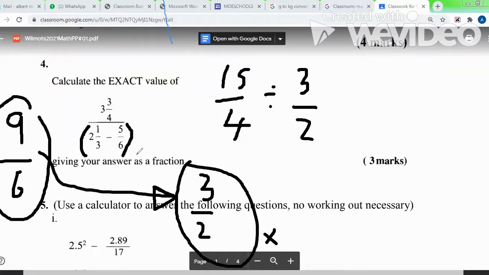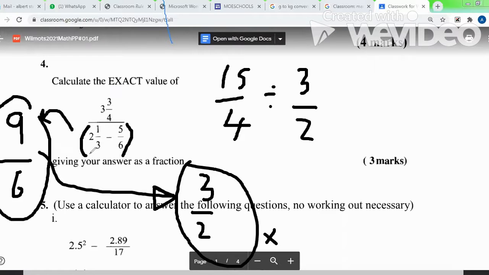Then that answer will be 9 over 6 divided by the top answer, right? Tell me, where does the 9 over 6 come from?